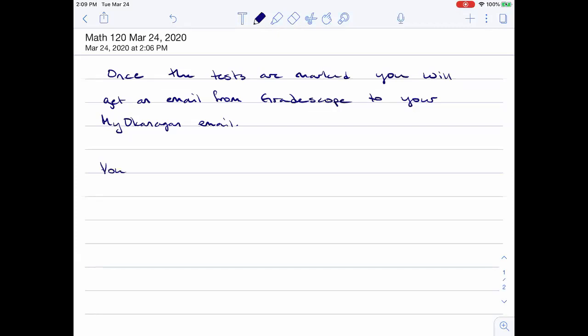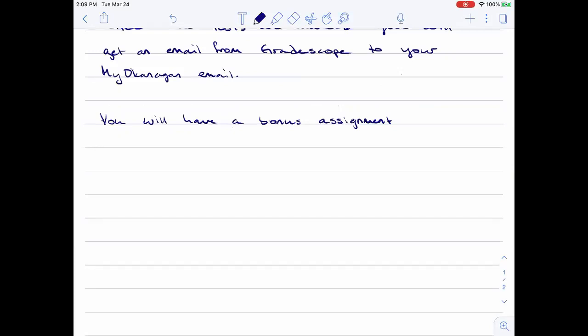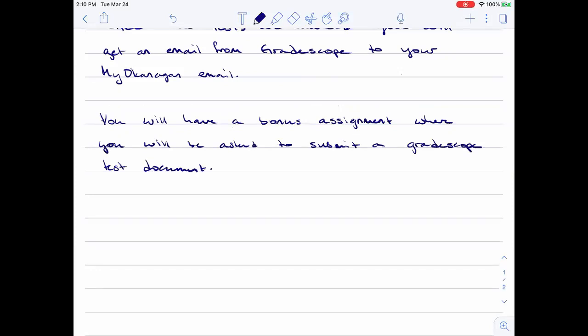you will have a bonus assignment where you will be asked to submit a Gradescope test document, just to get used to how it works.